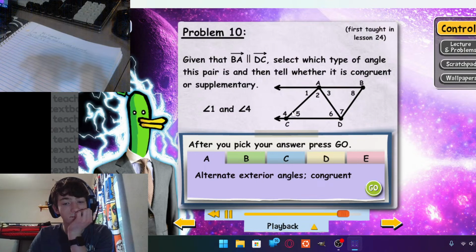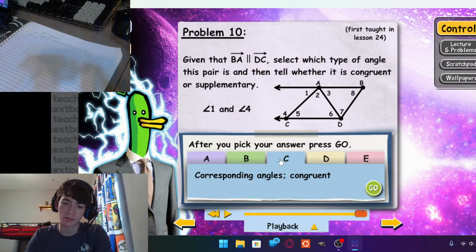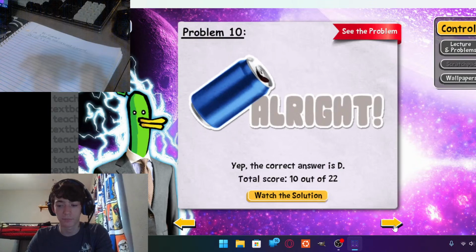And the pair is angle 1 and angle 4. Are they adjacent though? Where's adjacent? Triangles on the same side of the transversal. They are that. Bingo.